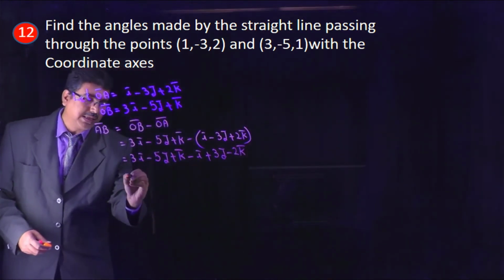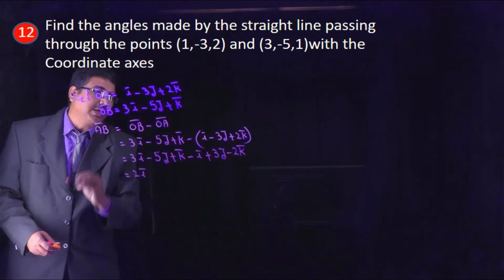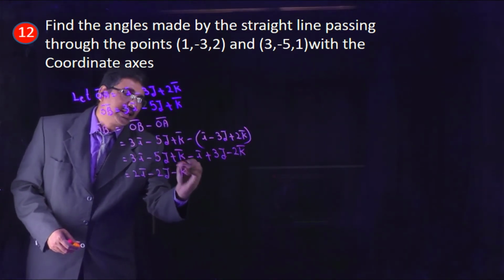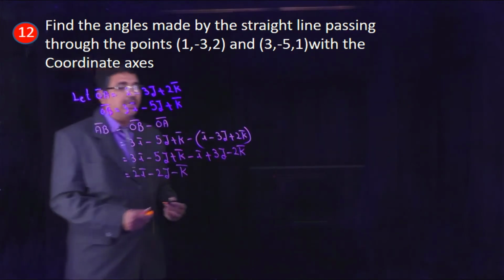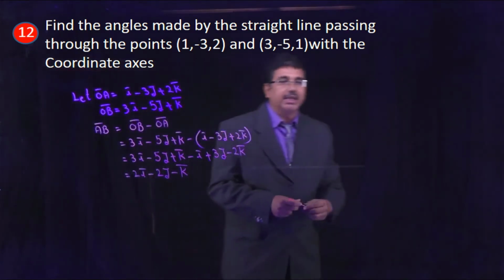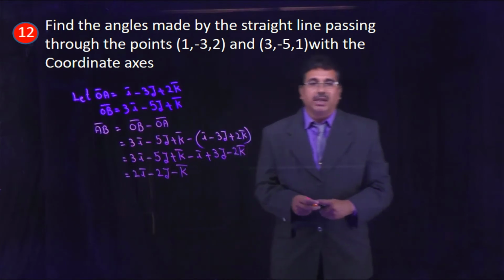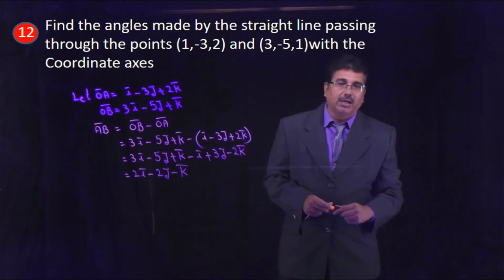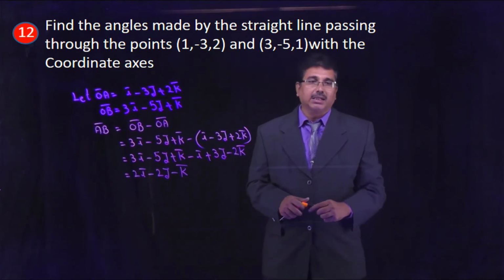That is equal to 2i bar minus 2j bar minus k bar. That is AB bar. Now we want to find the angles alpha, beta and gamma.